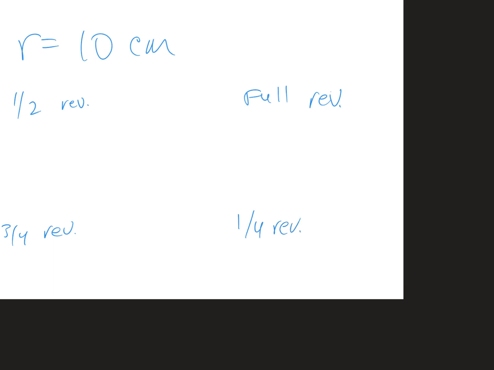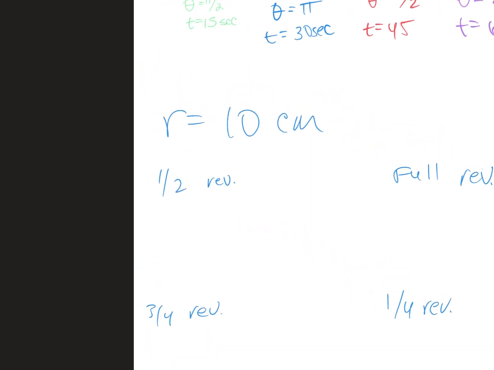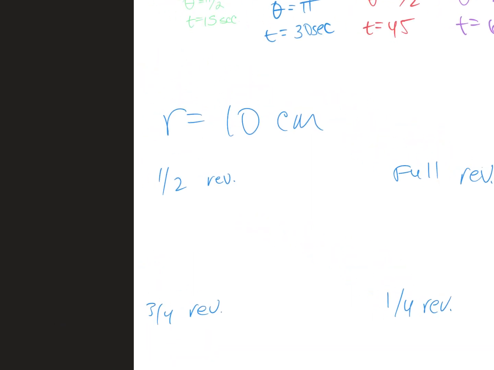Does the radius, the length of your second hand, change? Yes or no? No. What's going to change? The time, and what else? The theta. If you're talking about linear speed, it's radius times theta, arc length over time.